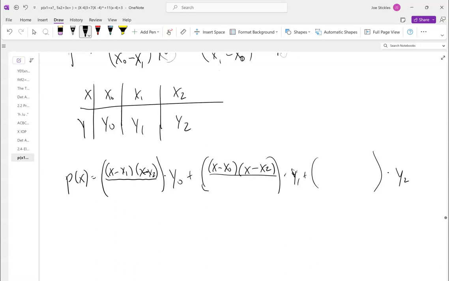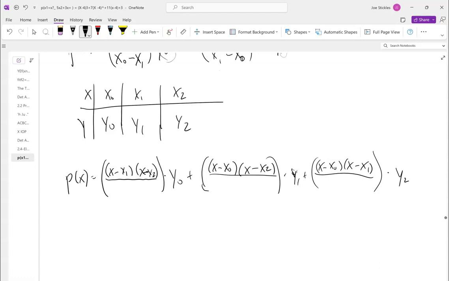We agree? And then the last one? Good. All right, so notice that the x sub whatevers that are appearing are the ones that aren't associated with the y value, right? Y naught has an x1 and an x2. Y1 has an x naught and an x2, and so on up the line.